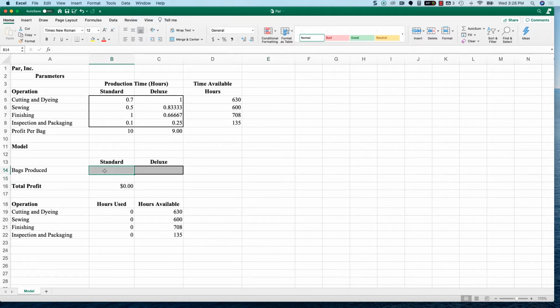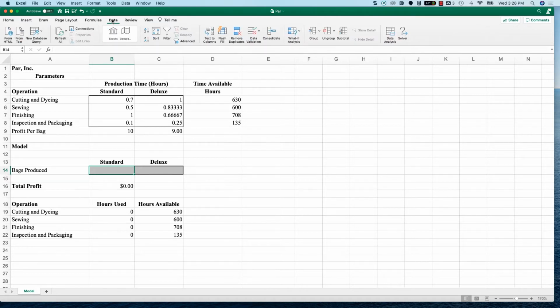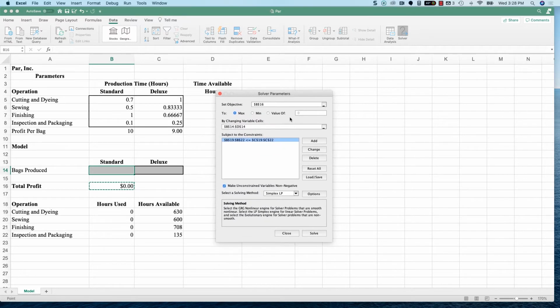So what we'll do is rerun the analysis. We'll go to our data options, and in our solver options, we'll have the dialog box. Because this is already pretty much set up the way we want, I am going to go ahead and solve it again.